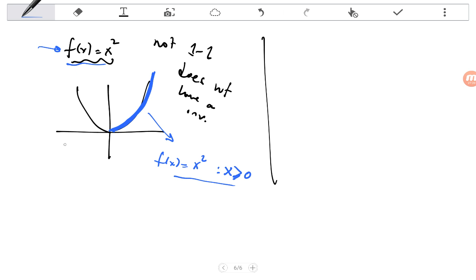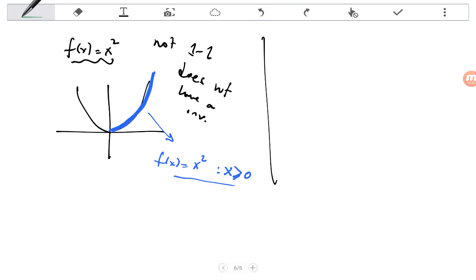Okay? So now I need to ask you, can I make the restriction like this? Could I take that part of the function? Why not? It is not one-to-one. There are some parts that are not one-to-one. So this is rejected.